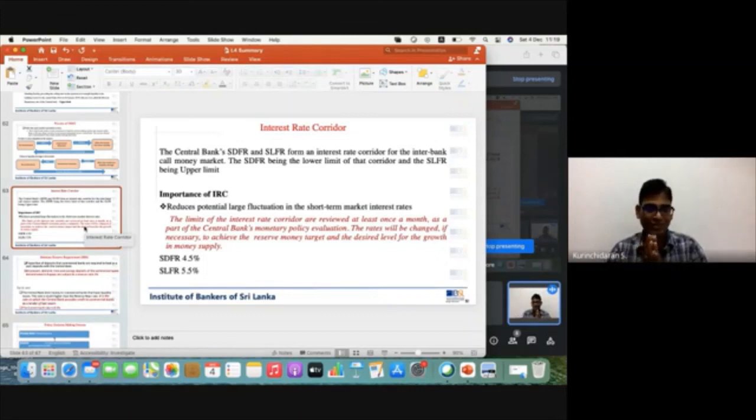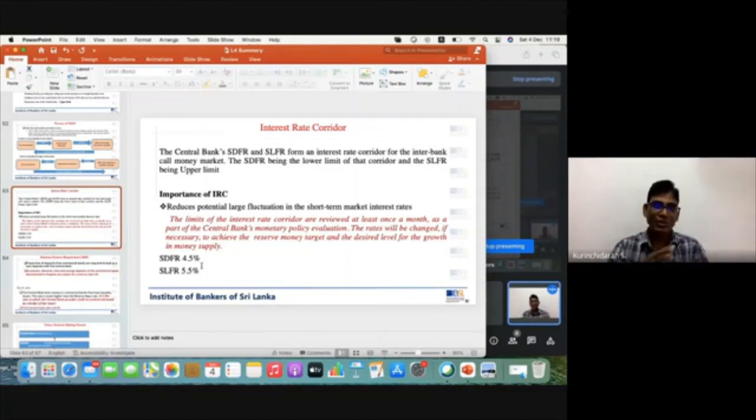If we go into details, first of all, I'll take this one, SDFR and SLFR. This is the key rate, right? If you have excess money, you can make deposits. If you have a liquidity shortage in the market, you can borrow from the central bank at this rate.